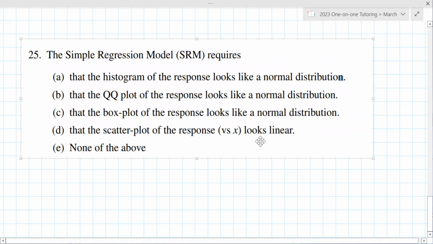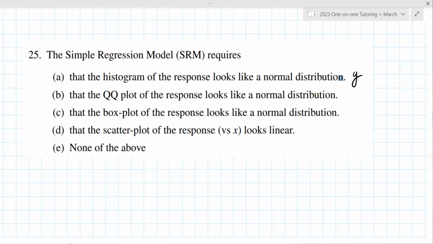All right, so the simple regression model requires that the histogram of the response looks like a normal distribution. So that's the Y value. That doesn't need to be. No, it does not.